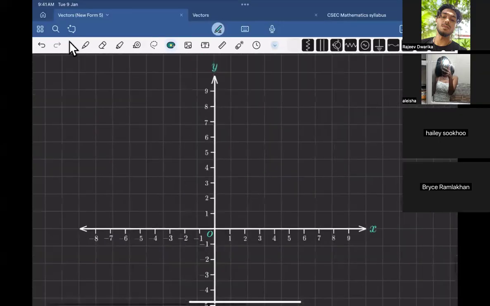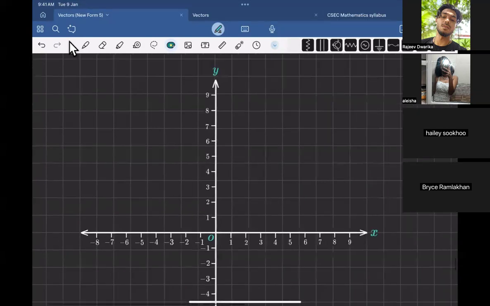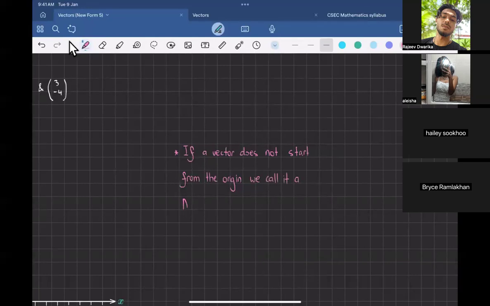Okay. So I'm gonna put down a displacement vector. I'm just putting a note to the side real quick. If a vector does not start from the origin, we call it a displacement vector. We call it a what, Alicia? A displacement vector.